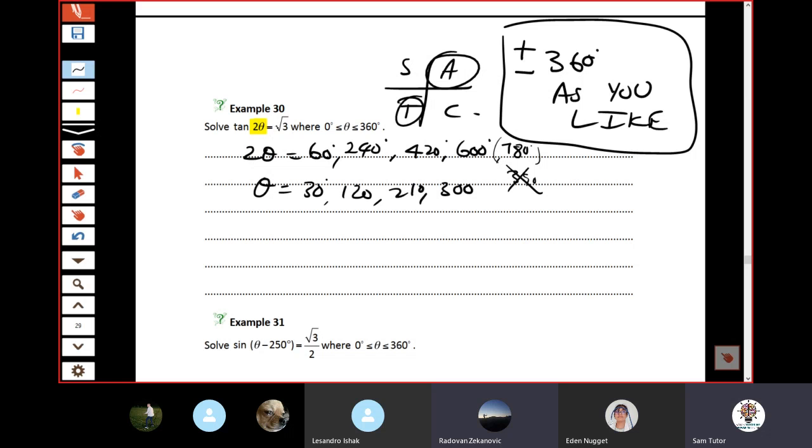What does tan 780 become? Oh, 1.73, which is root 3. Yeah. So it works. 780 is correct.